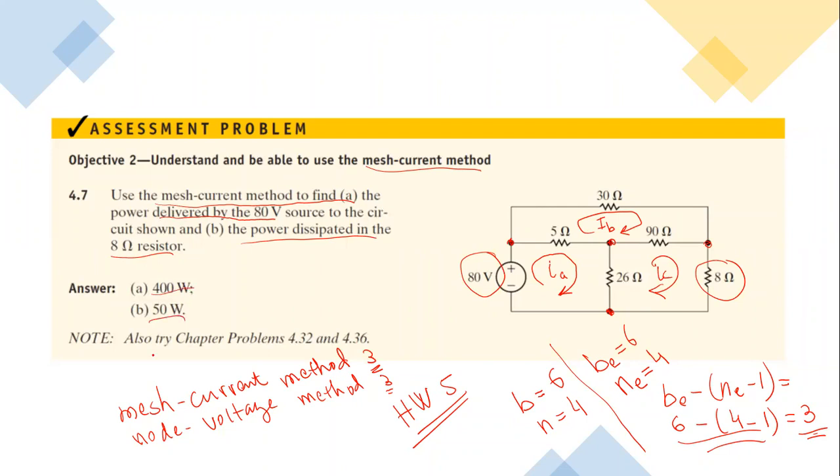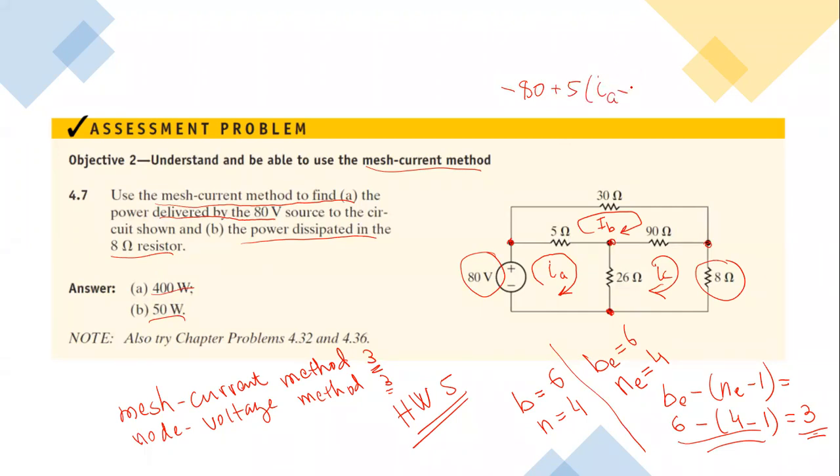So these are the answers that you need to achieve. If I want to write KVL with you in the last minute, for this loop it will be negative 80, and here I have 5 multiplied by IA minus IB, right? A little bit earlier, we described it incorrectly.